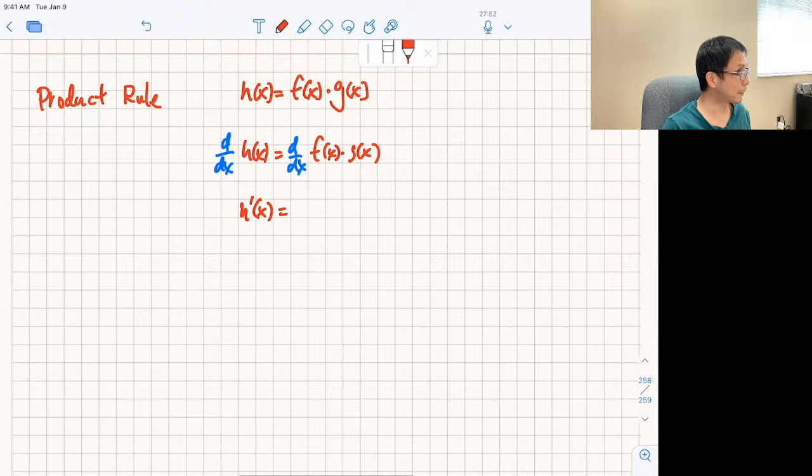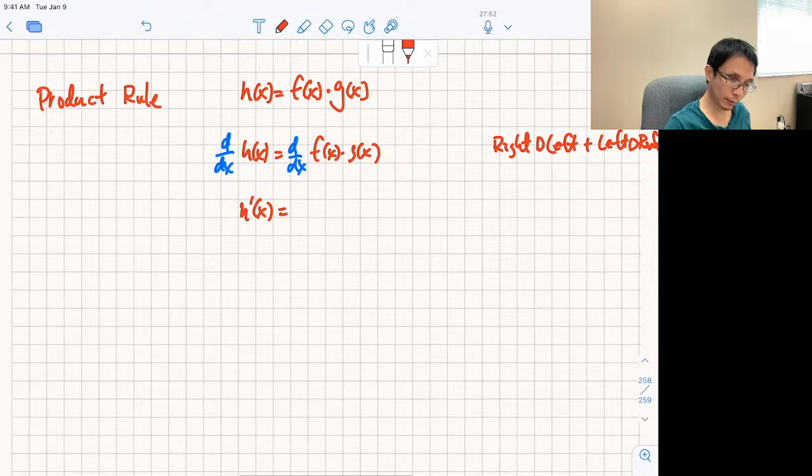I usually call it left d right, right d left, or it could be the other way around. Sometimes we call it left d right. Oh, sorry, the other way around. It doesn't matter actually. Right d left, and plus left d right.